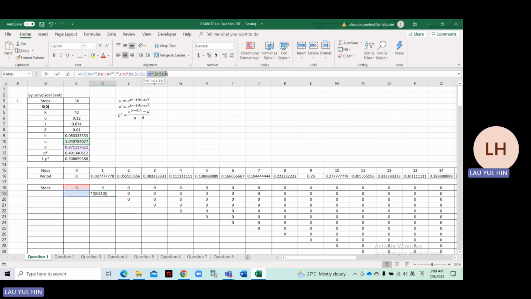And this whole formula is for me to conveniently drag everything in Excel.